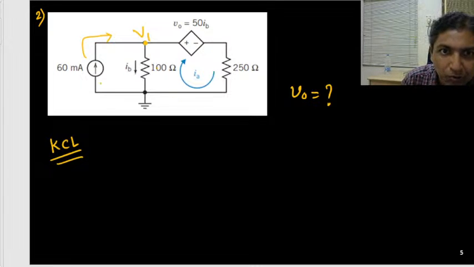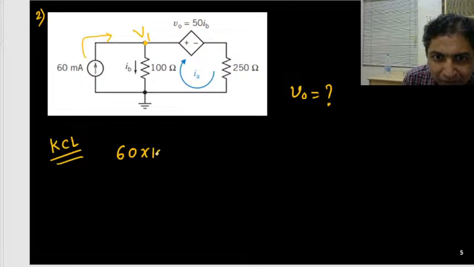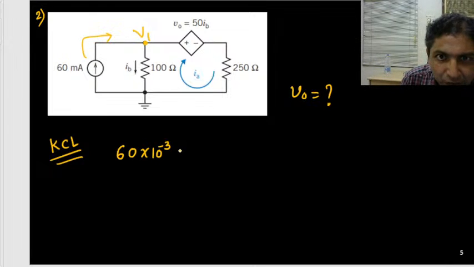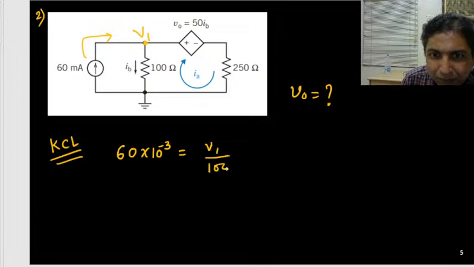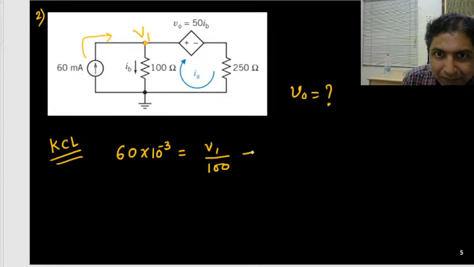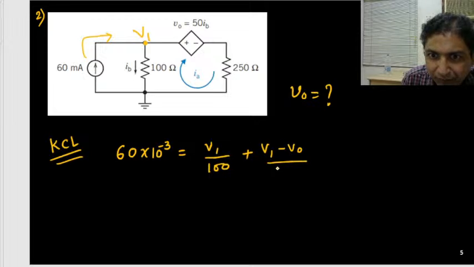Okay. So what you can do? This 60 milliampere current, 60 times 10 to the power minus 3, that is in ampere, is equal to this IB, which is nothing but V1 by 100, is it okay, plus this outgoing current, it will be V1 minus V0 upon 250.